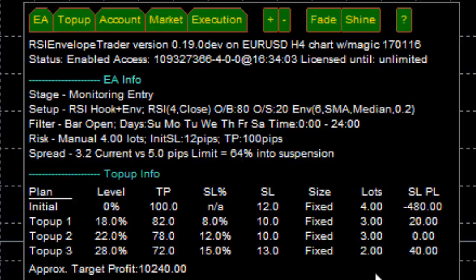Then the third top-up tells us that should all 4 of the transactions be stopped out by the following stop, the net result will be a positive of 40. What it also tells us, which is the most important information, is that if this transaction is successful, it will double the account, and there you have it. $10,200 will be the net result.